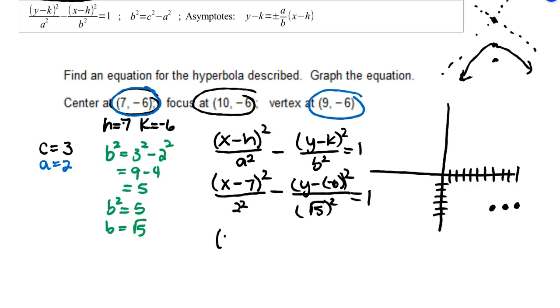And to simplify that, we would have (x minus 7) squared over 4 minus (y plus 6) squared over 5 equals 1. So that's the equation of the hyperbola with a center at (7, -6), a focus at (10, -6), and a vertex at (9, -6).